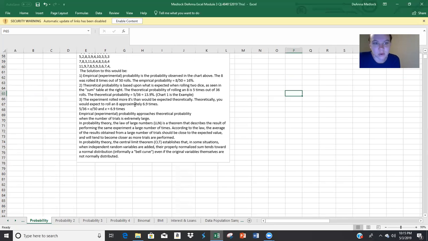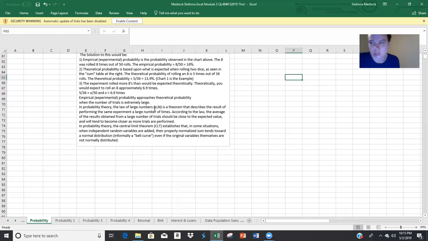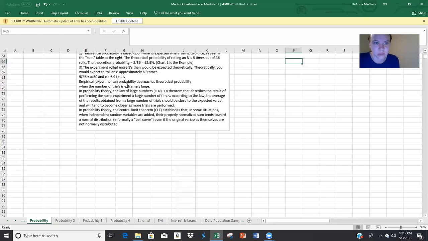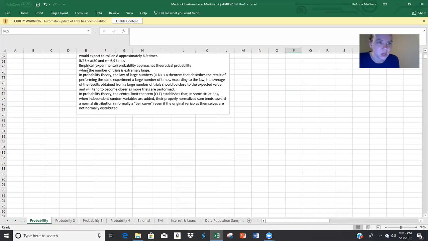The experiment rolled more 8s than would be expected theoretically. So theoretically, you would expect to roll an 8 approximately 6.9 times, which I don't know how you would roll a die 6.9 times. So 6 or 7. It's crazy how math works.